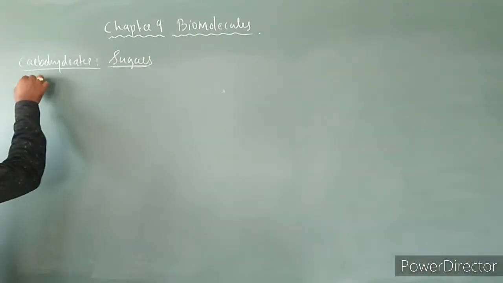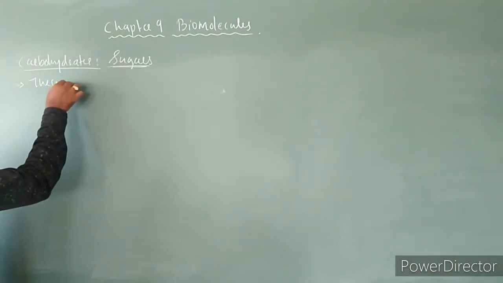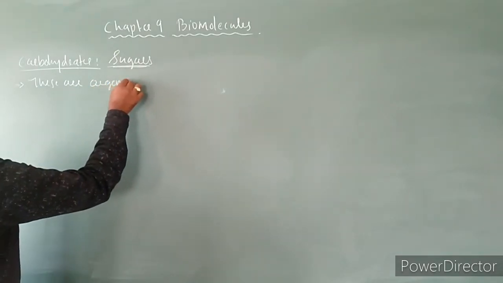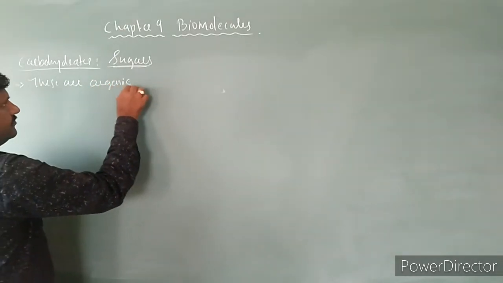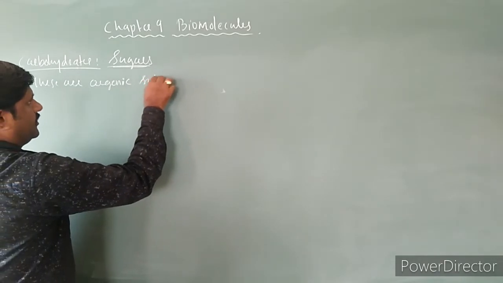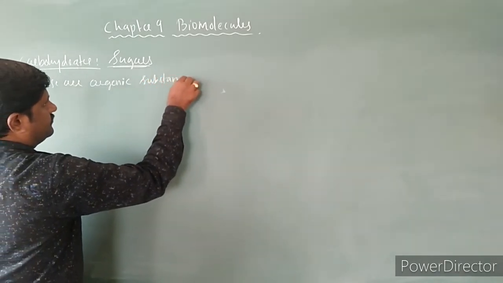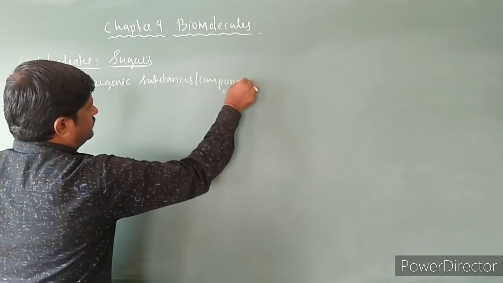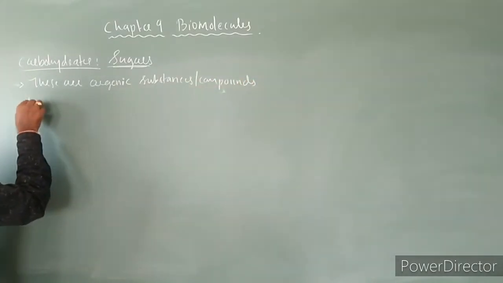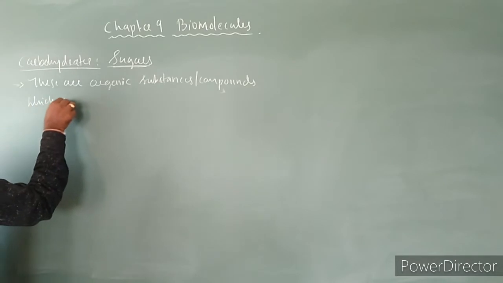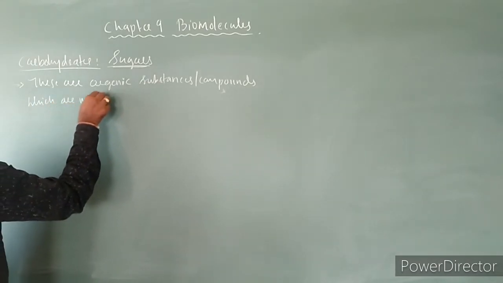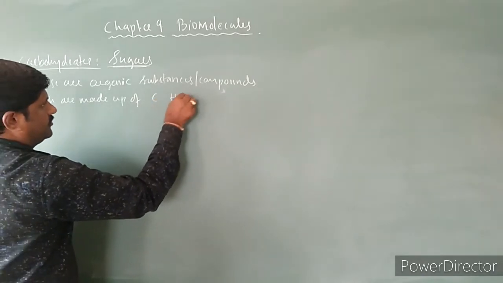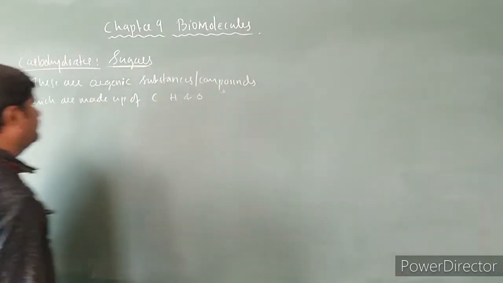So these are organic substances or compounds which are made up of carbon, hydrogen as well as oxygen.